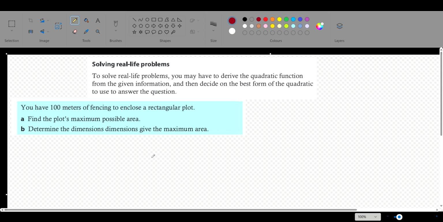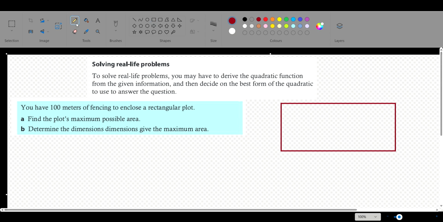You have 100 meter of fencing to enclose the rectangular plot. Find the plot's maximum possible area. Determine the dimensions to give the maximum area. Right. So they are talking about a rectangular figure. So we need to extract this information.